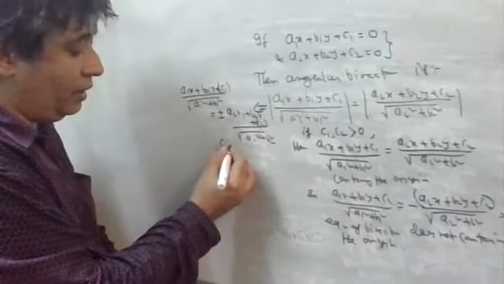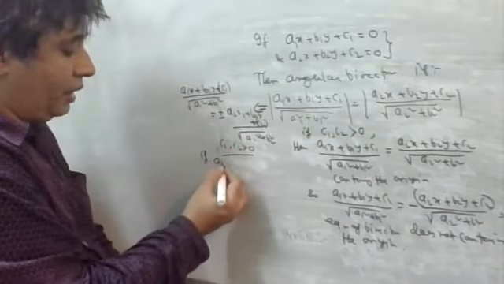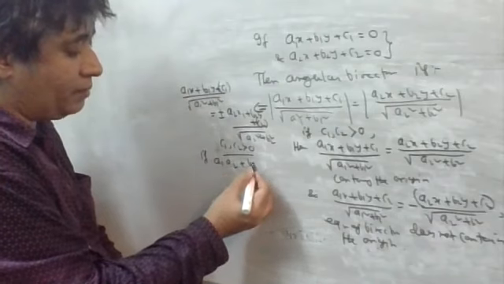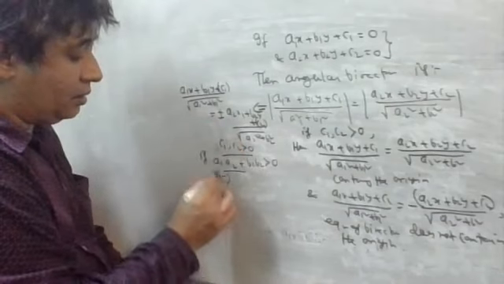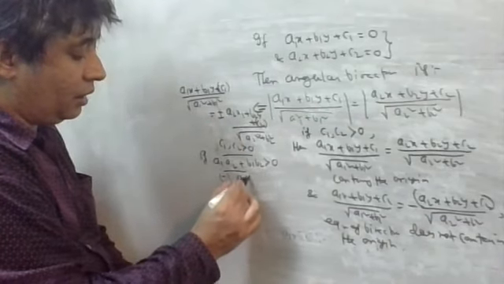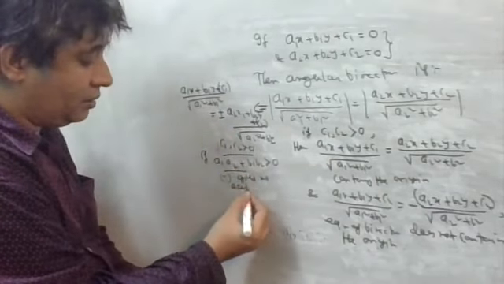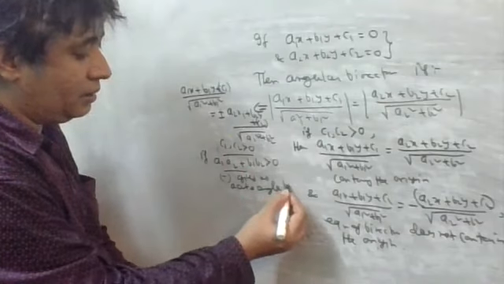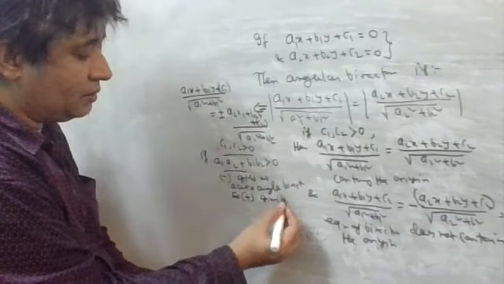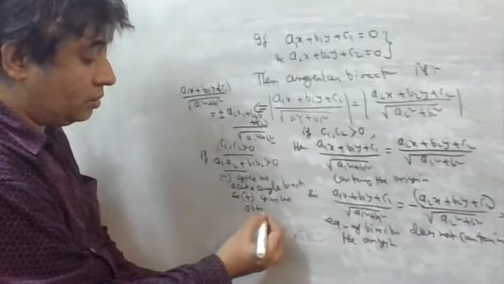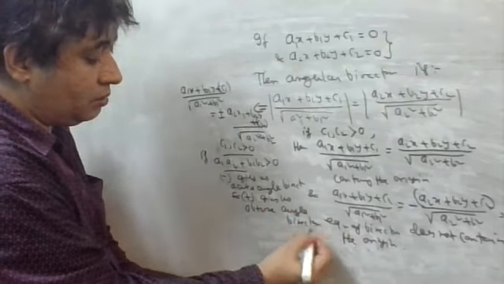Now if A1A2 + B1B2 greater than 0, then this minus sign gives us the acute angle bisector, and the plus sign gives us the obtuse angle bisector.